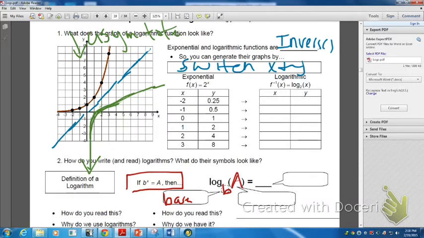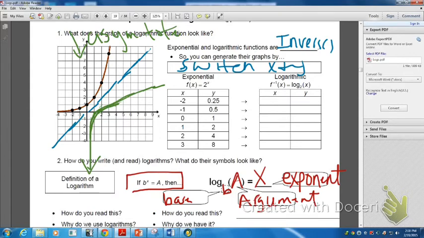A is called our argument. Equals, what is left is the x, which is our what again? Our exponent. So log base b of a equals x.